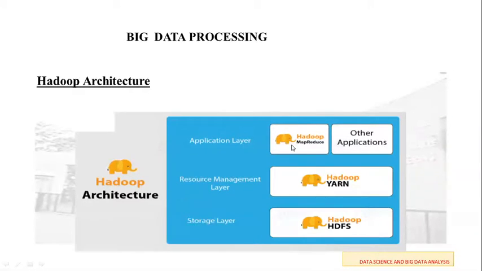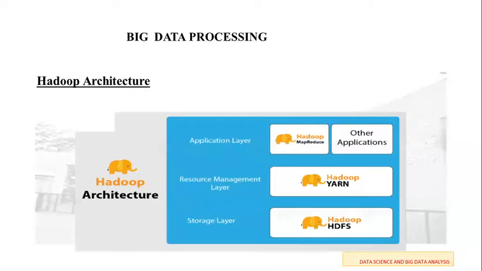This belongs to the application layer. This is a YARN based system for parallel processing of large data sets using key value pairs. The map task takes input data and converts it into a data set which can be computed in key value pairs.